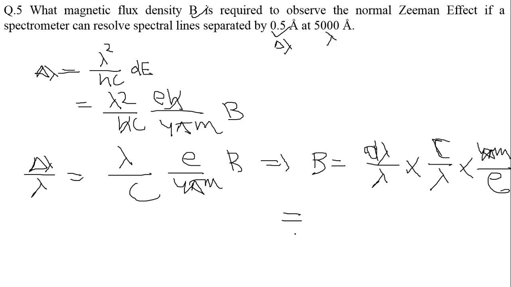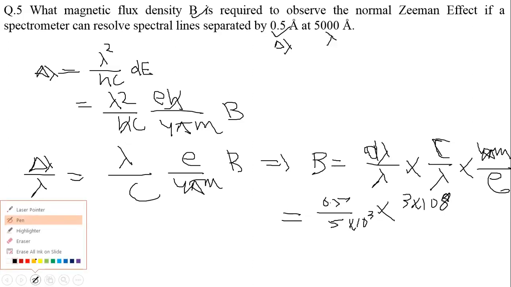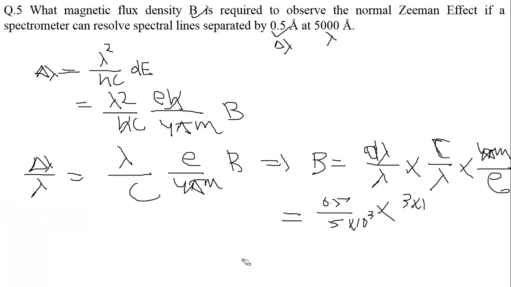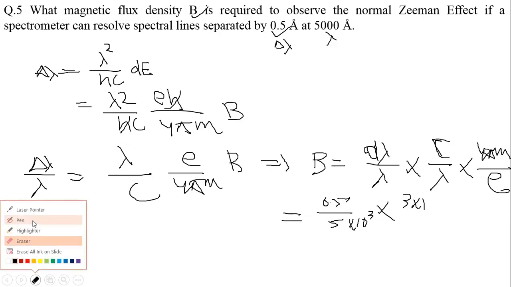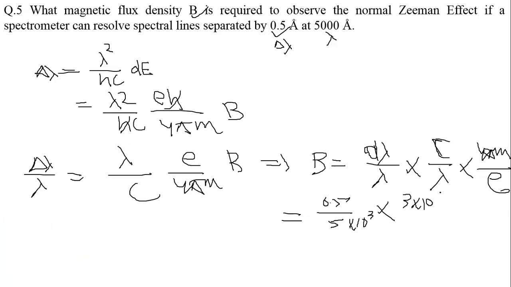If we put all the values, delta lambda is 0.5, lambda is 5 into 10 to the power 3 Angstrom, and c is 3 into 10 to the power 8, with lambda squared.